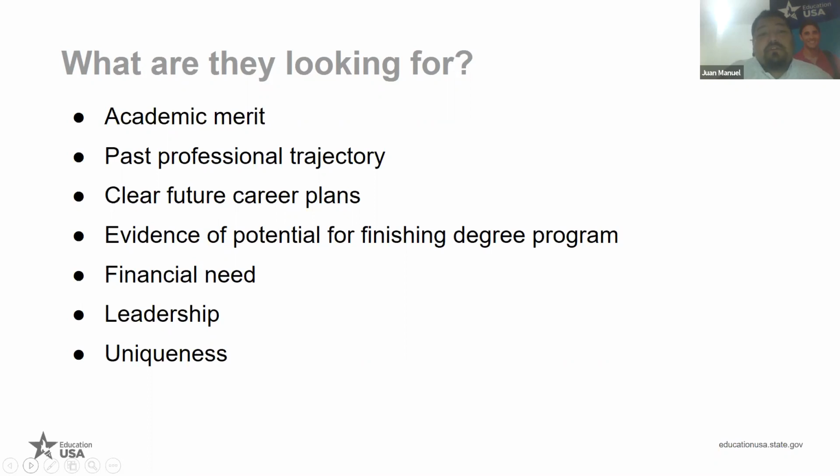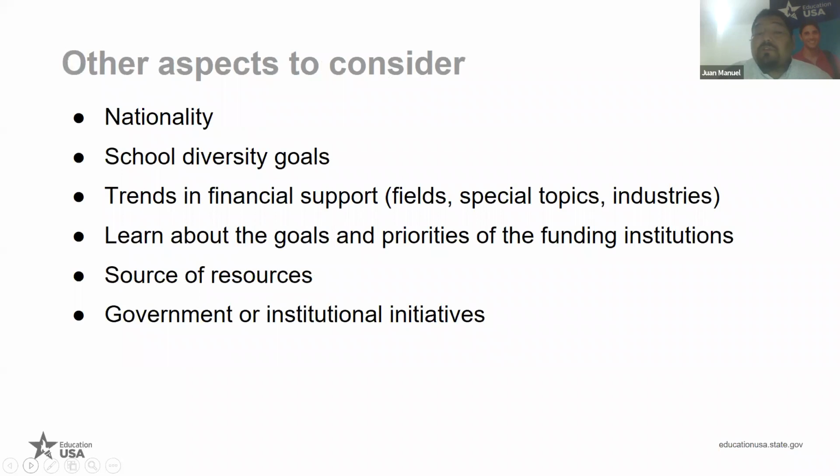There are other things that are also important for some kinds of scholarships. Some of them focus on nationality. There are going to be some scholarships that are looking specifically to bring students from very specific areas or regions in the world, especially those that are underrepresented.